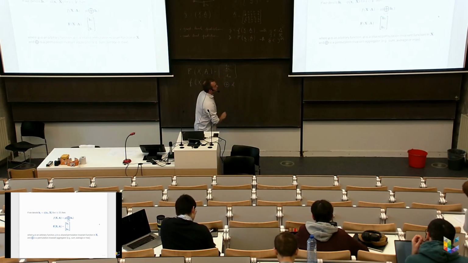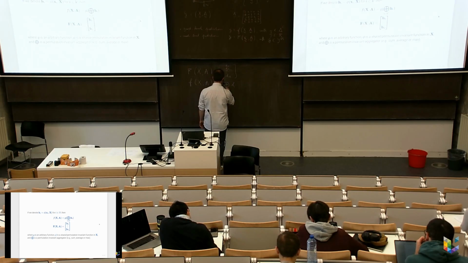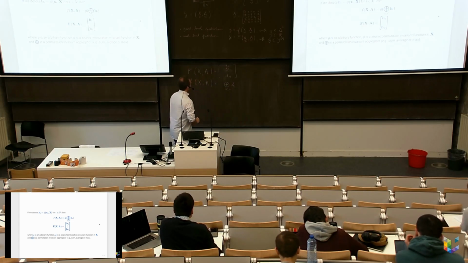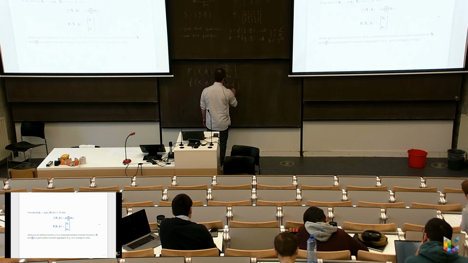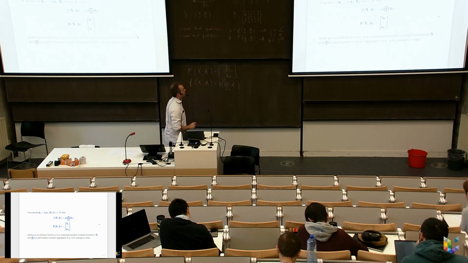And we'll do that over the nodes in the graph. And finally, we'll feed that to another function g. That's basically it. That's the GNN.